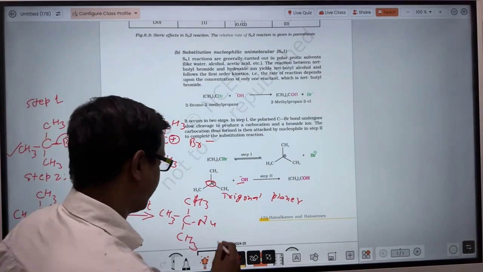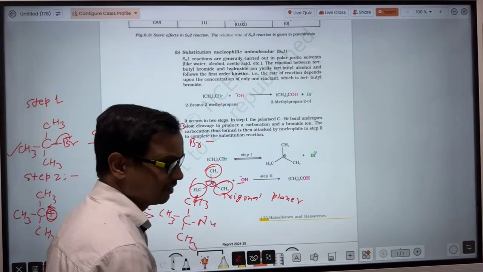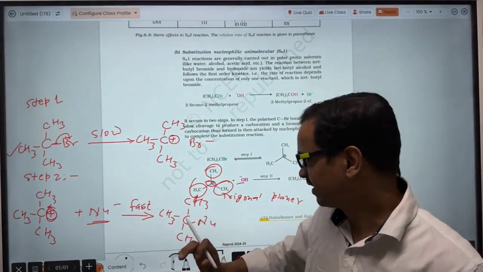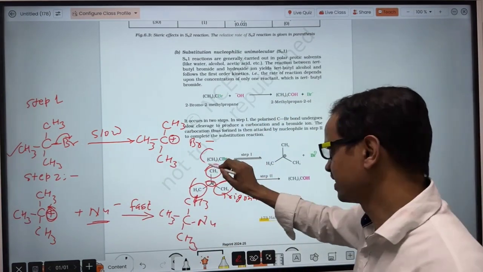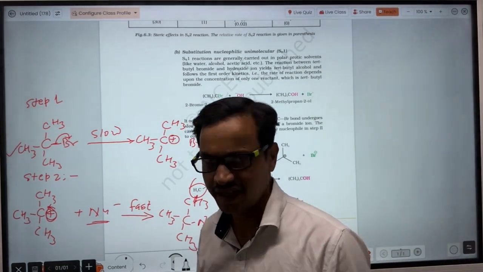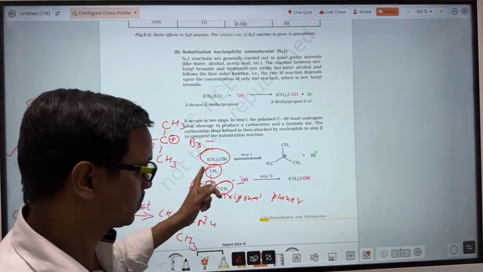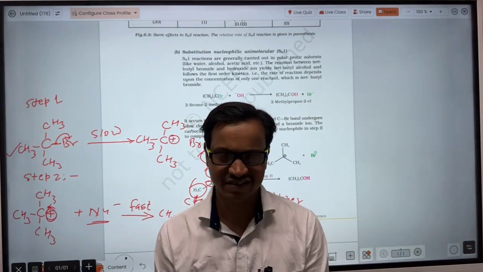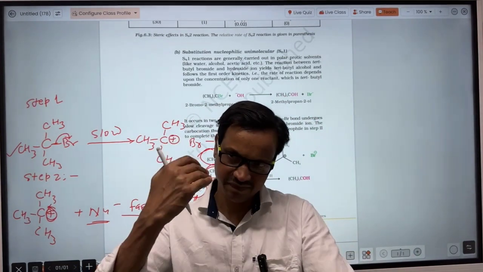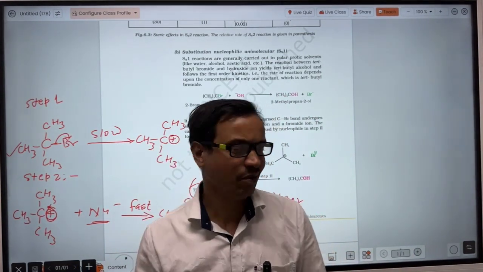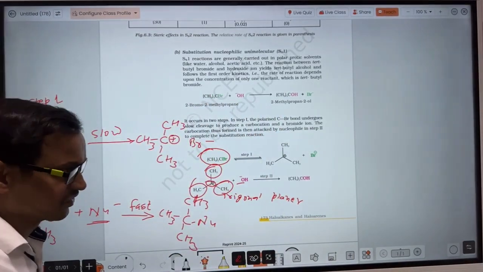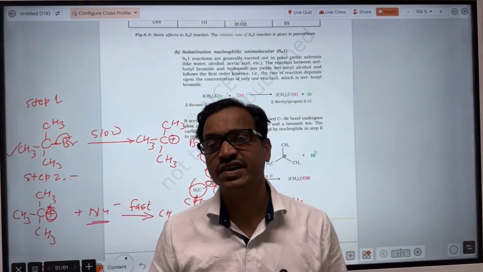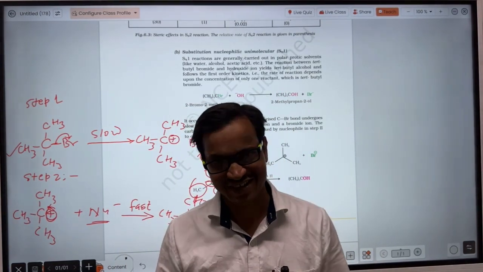In that case, the arrangement of the groups will remain the same as in the haloalkane. And if the nucleophile bonds to this alpha carbon atom from the backward side of the halogen, then the other groups will invert. So there may be retention of configuration or inversion of configuration.